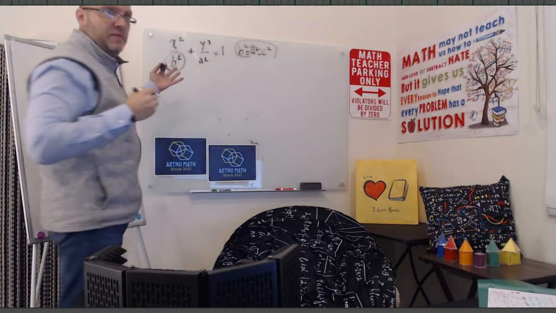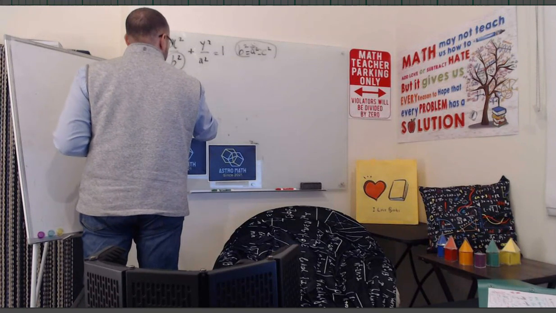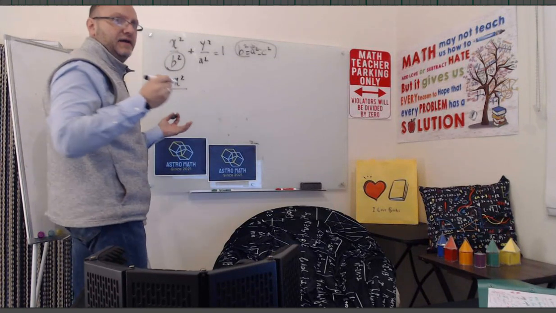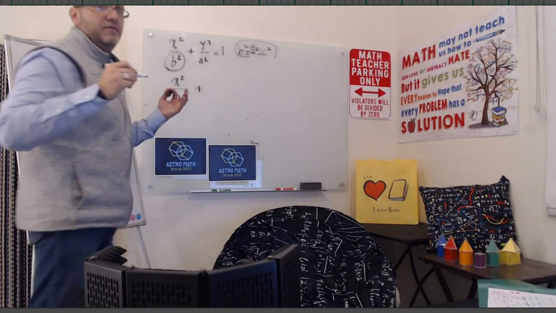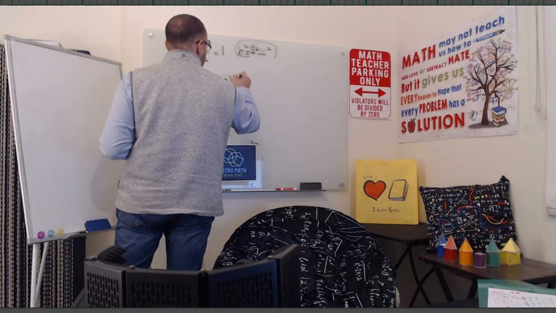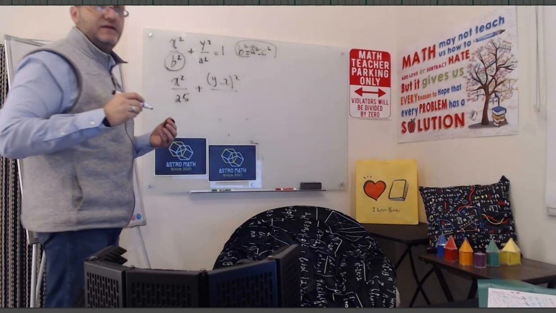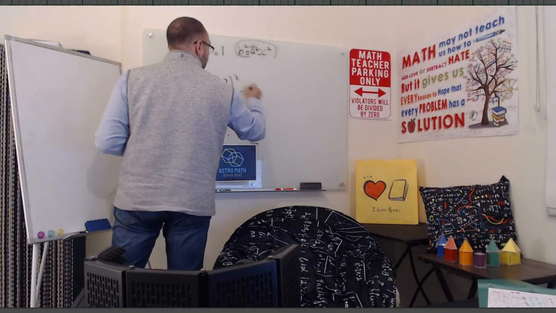If it's with numbers, it could be something like x squared divided by 25 plus y minus k, let's make it h and k, y minus 2 squared divided by 36, equals 1. Yeah, we can do something like that.